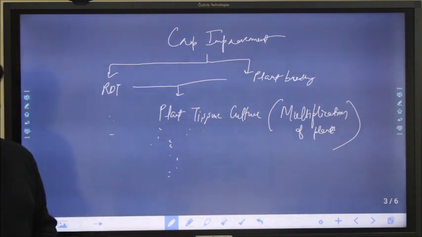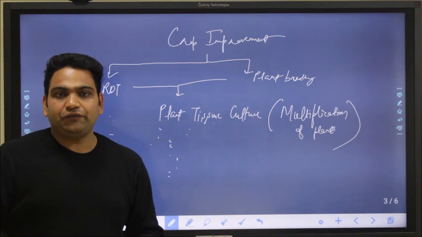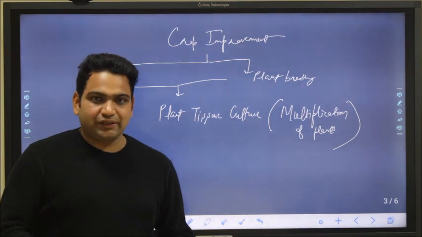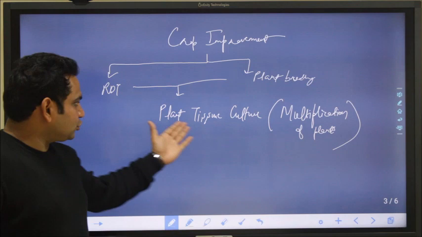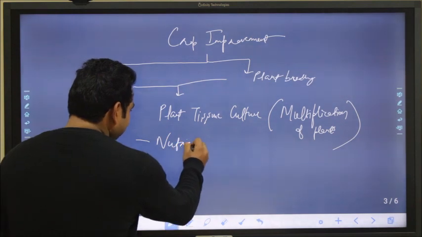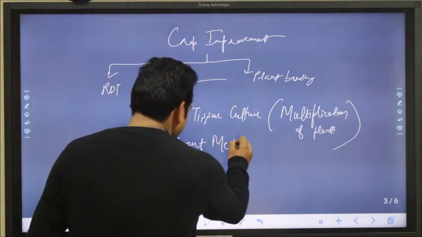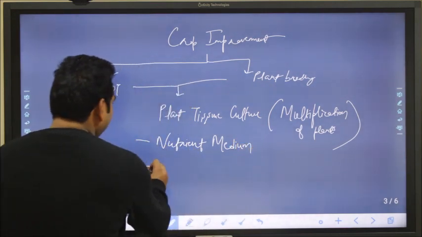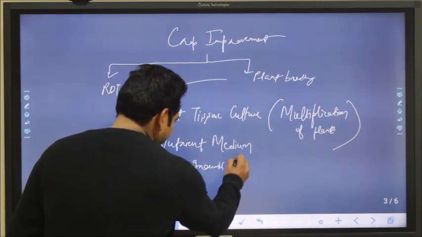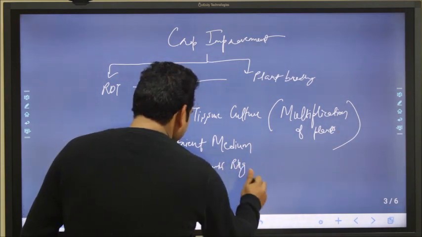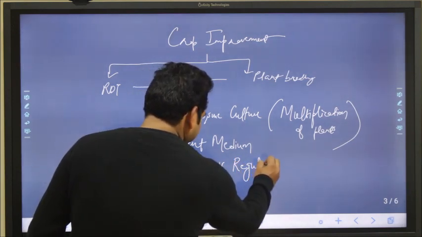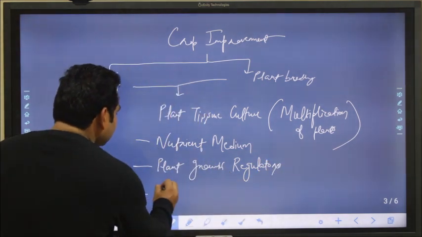So how is this plant tissue culture technique useful? Because in this technique we can multiply thousands of plants in a couple of months. So in plant tissue culture, exactly what do we need? We need a nutrient media, we need plant growth regulators, we need sterile conditions.